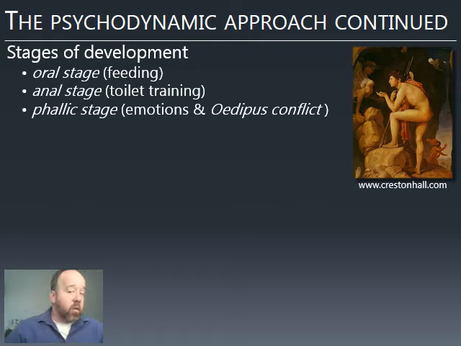This gives us the idea of what's called the Oedipus conflict or the Oedipus complex, where a child has a repressed sexual attraction toward the opposite sex parent and starts resenting the same sex parent, but then eventually resolves the conflict by just identifying with that same sex parent and emulating them or admiring them in some way.